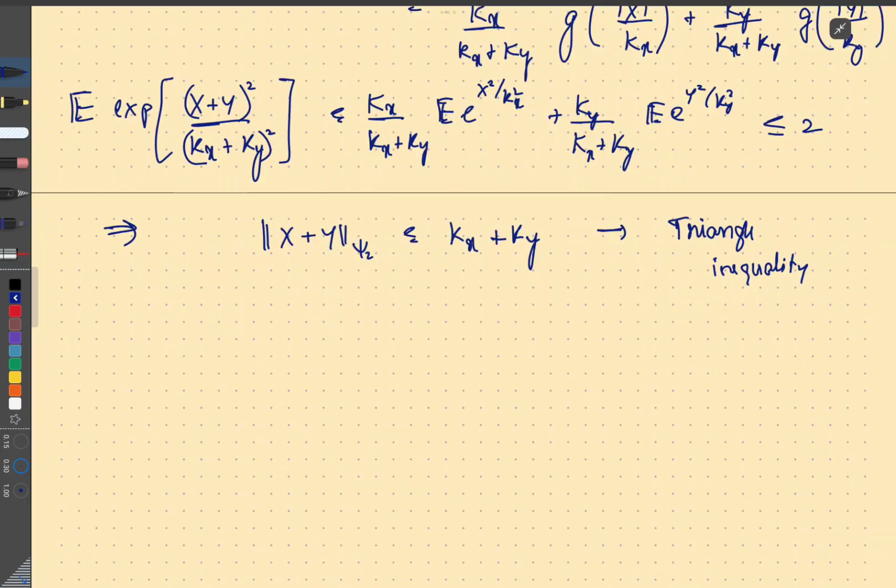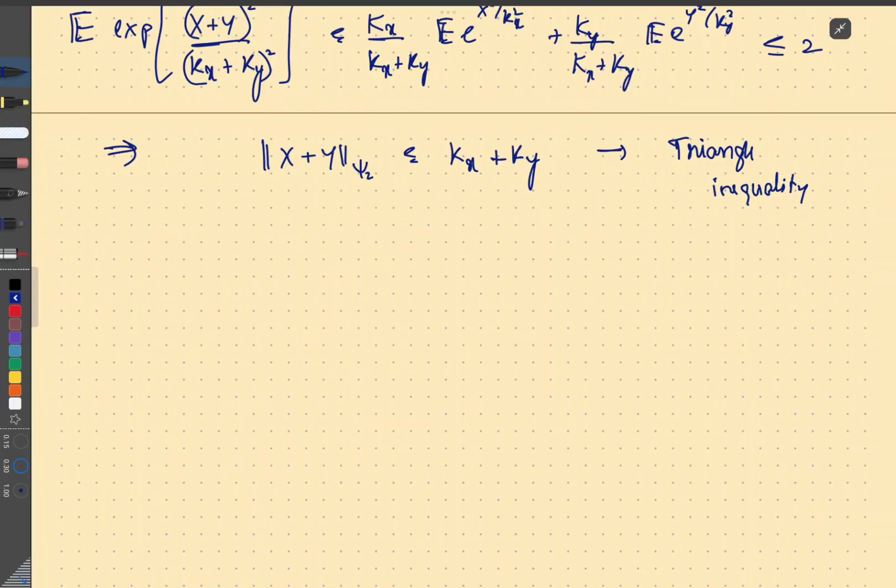Okay, so this particular statement is pretty powerful. It says that irrespective of the joint distribution of x and y, as long as their marginals are Subgaussian, the sum is also guaranteed to be Subgaussian. And you also have a bound on the Subgaussian norm of this random variable.